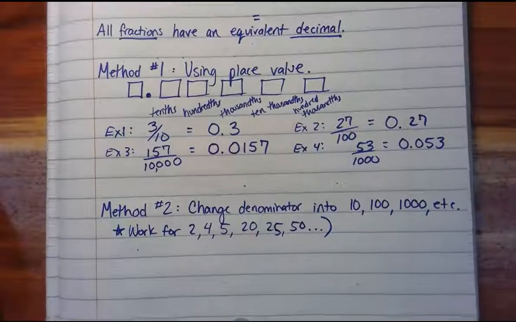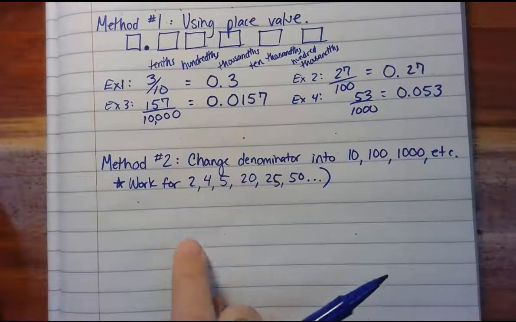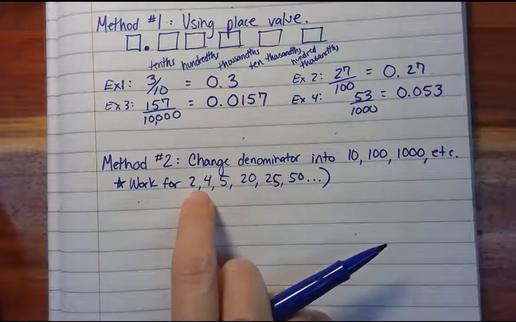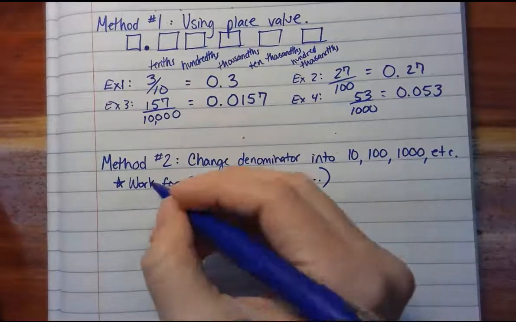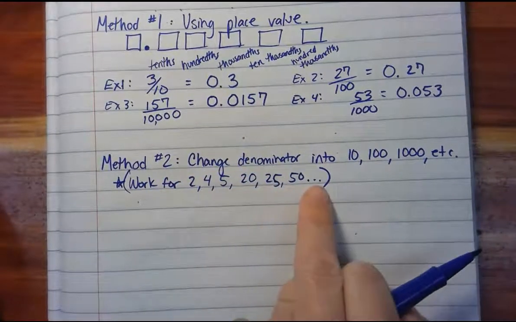So we'll do a third method here in just a second where we eventually have to deal with what if we had a denominator of 3 or 6 or 7. But this method is going to work for these particular denominators.